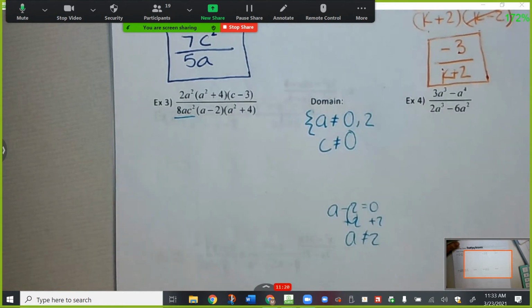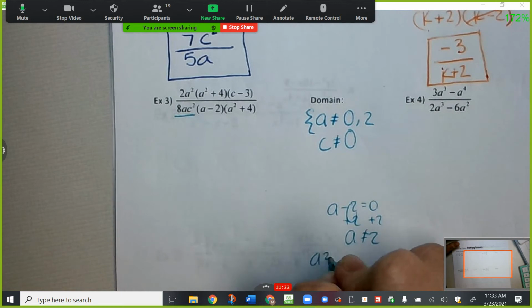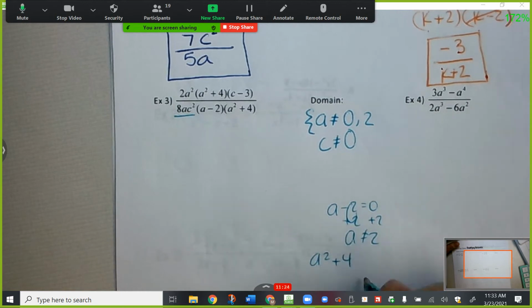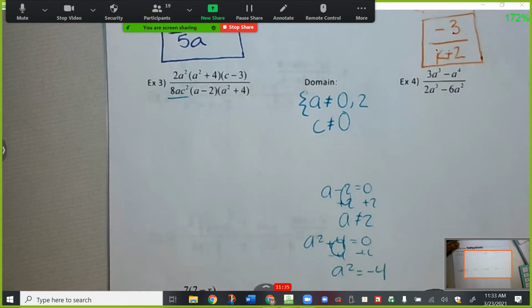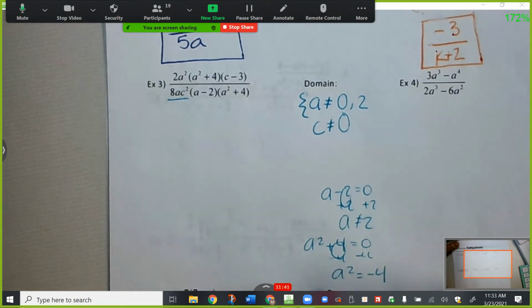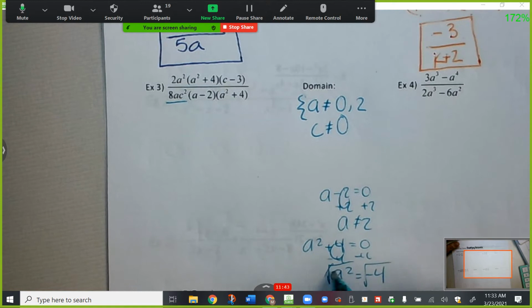Now I also have this A squared plus 4. So if I set that equal to 0, I want you to realize that I end up getting A squared equals negative 4. Can anything squared ever equal a negative? No, because think about it. A positive squared is a positive, and a negative squared is a positive. So technically, if you were to take the square root to cancel your squared, well, wouldn't that give me an imaginary number?